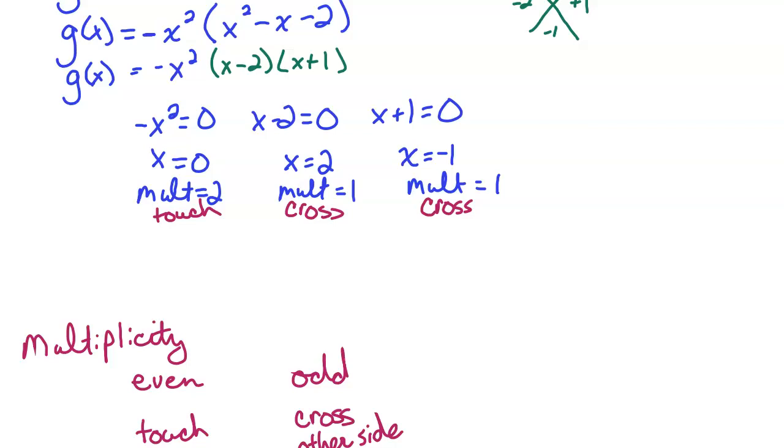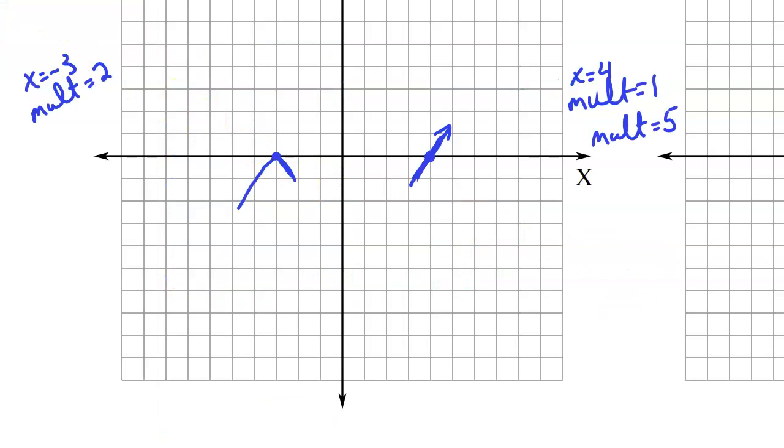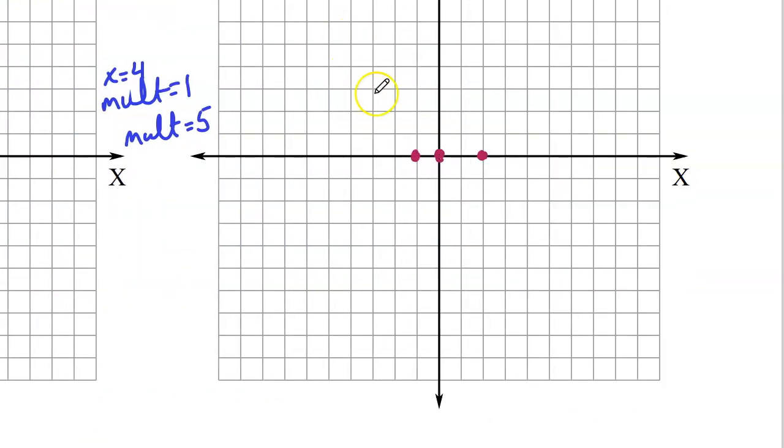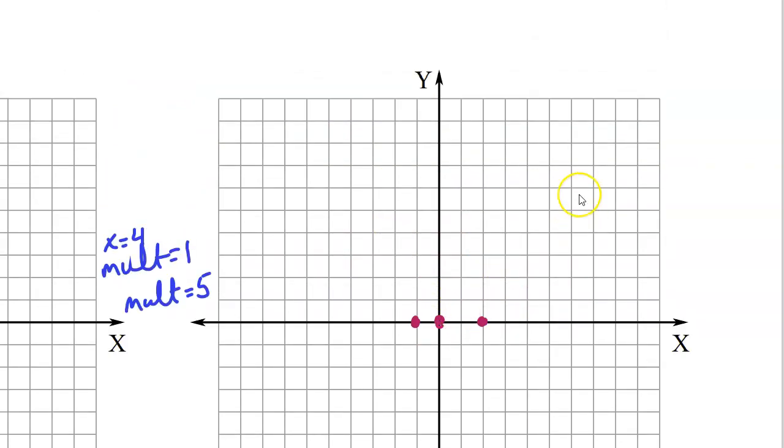So let's take this g of x and actually look at graphing it. So here are our x-intercepts, and that g of x that we were looking at said negative x to the fourth plus x to the third plus 2x squared. So we know our x-intercepts.